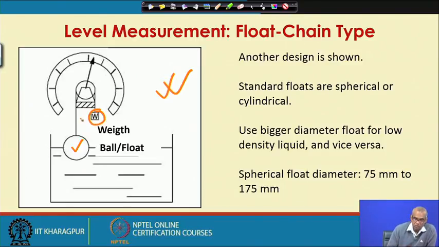Float and the weight, or the counterweight, are connected by this flexible tape or chain. This passes through this pulley, and here I have attached a pointer which moves against this scale as the float goes up or comes down.